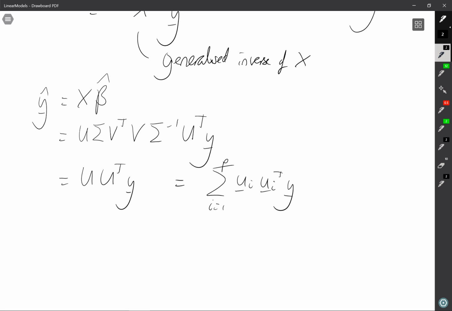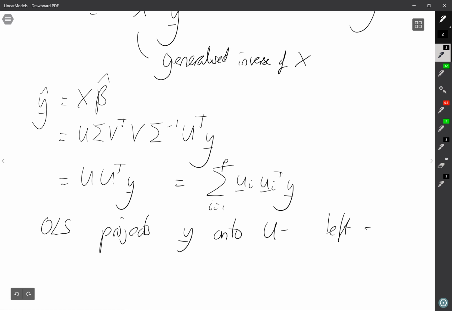So another way to think about this is that, again, OLS, ordinary least squares regression, projects Y onto U, the left singular vectors.